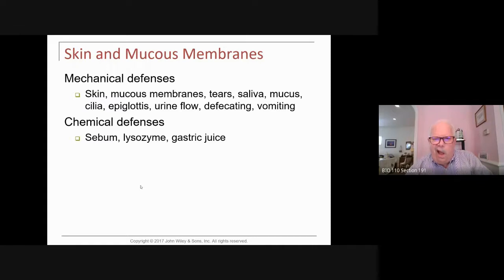You get rid of bacteria by having a bowel movement or by vomiting. You have chemical defenses, sebum from oil glands in your skin, lysozymes from glands in your skin and glands in your stomach. Also gastric juice. You'll learn in the GI section that gastric juice is extremely acidic. Its pH is less than 2. Why? To kill bacteria.